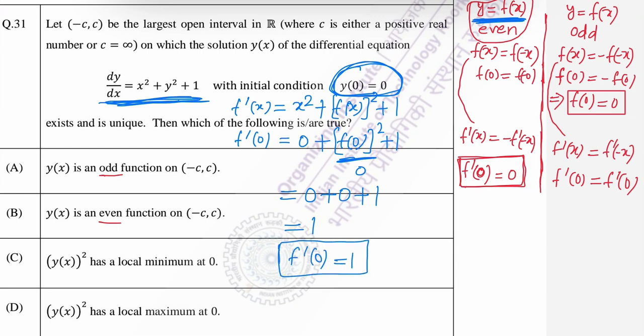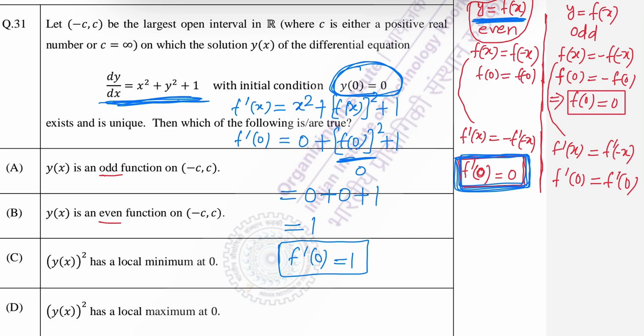And if you compare with this box, here it is f'(0) equals 0. This ensures that y equals f(x) is not an even function. So what did we discuss so far?